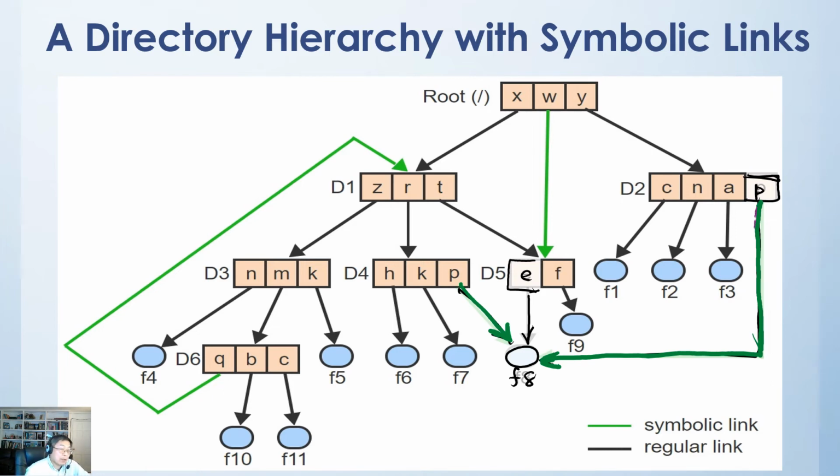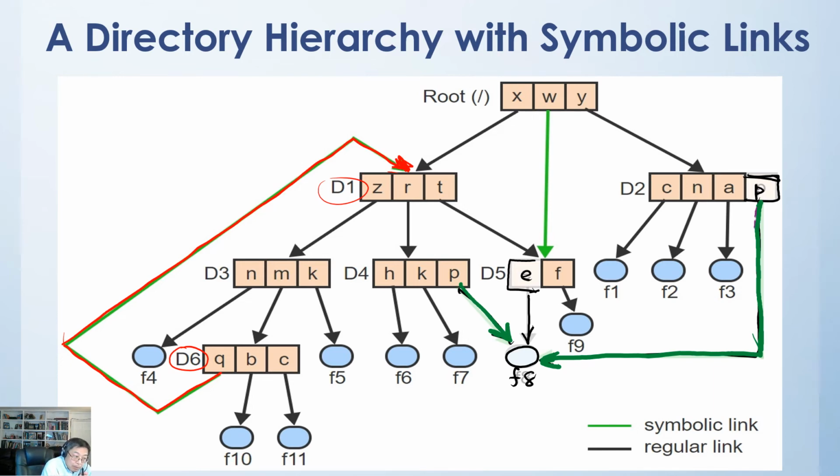However, there's a drawback. If a directory is allowed to point to a file or another directory at a higher level, then a cycle can form in the hierarchy, like in this case. You have a directory D6. Now D6 is pointing to a directory, which is D1, and D1 is at a higher level.